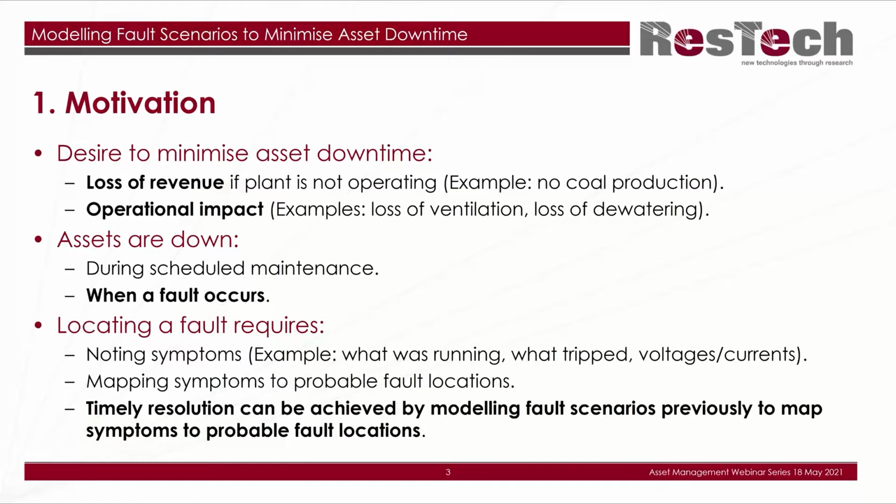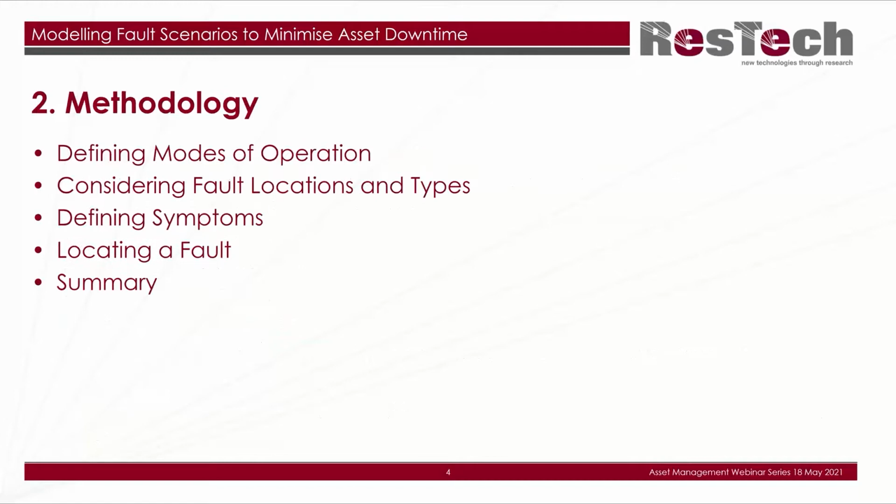However, if we want to speed up the process of finding a fault, we can beforehand model the fault scenarios and basically from a given set of symptoms determine what the probable fault locations might be. And of course, if we do that beforehand, that means when the fault does occur, we're going to be able to find the fault more quickly, and hence we're going to minimise the downtime of the asset and get it back into production again.